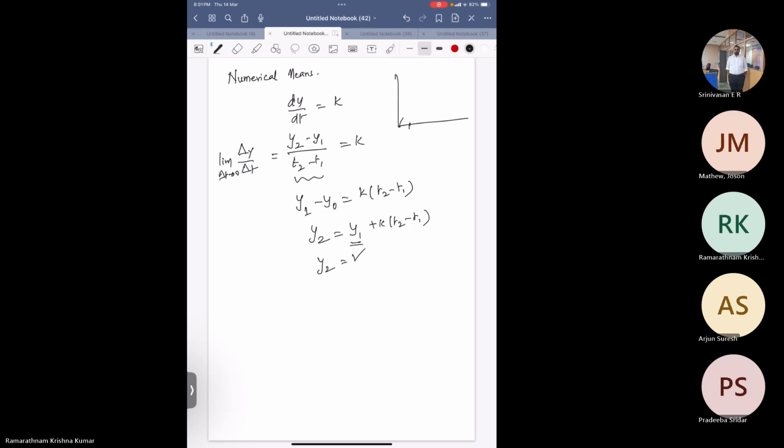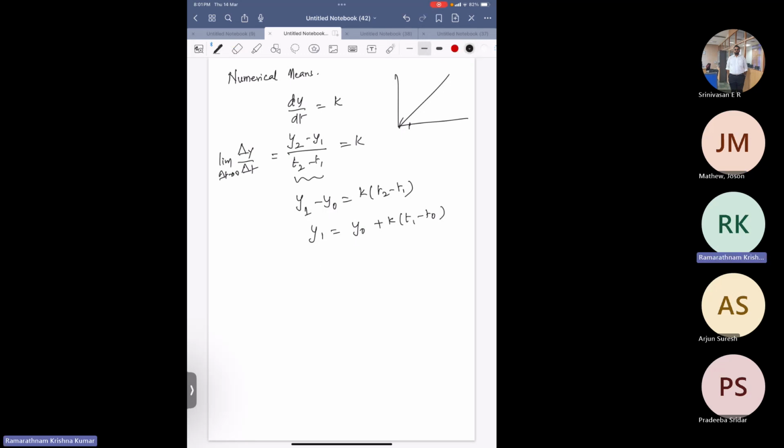It can be anything, I don't care, but a constant k is simple to show. So y1 is equal to y0 plus k into t1 minus t0. Correct?